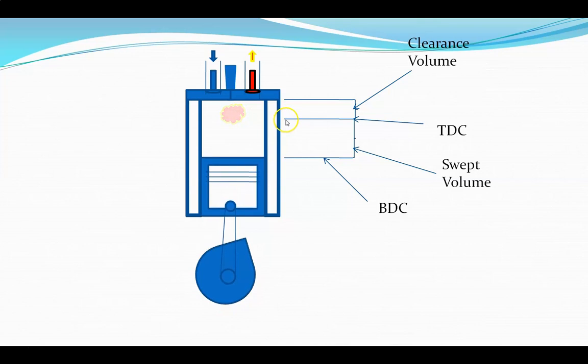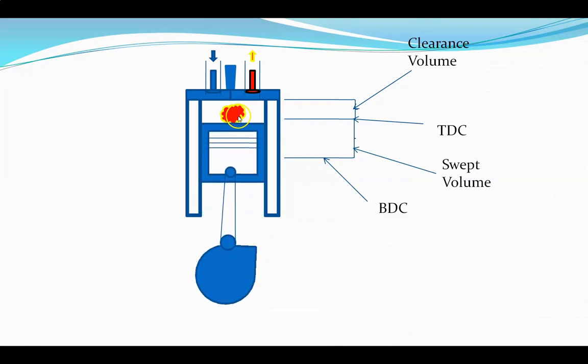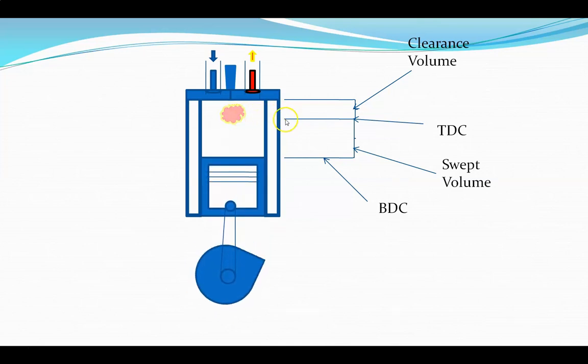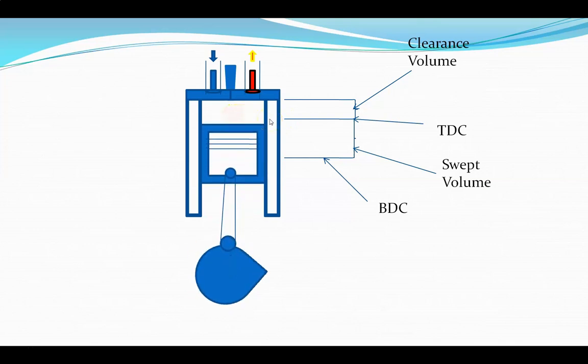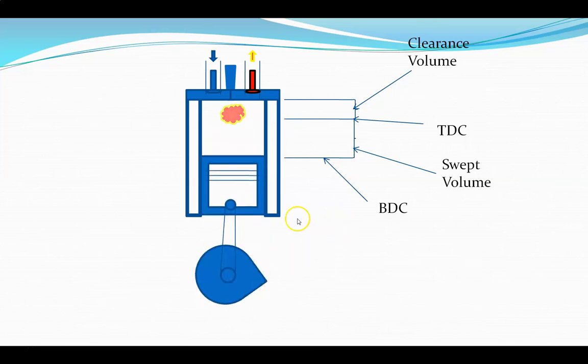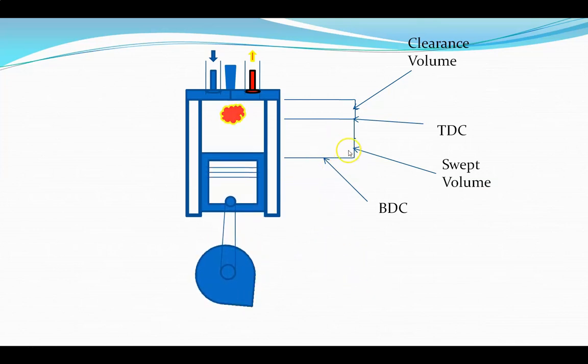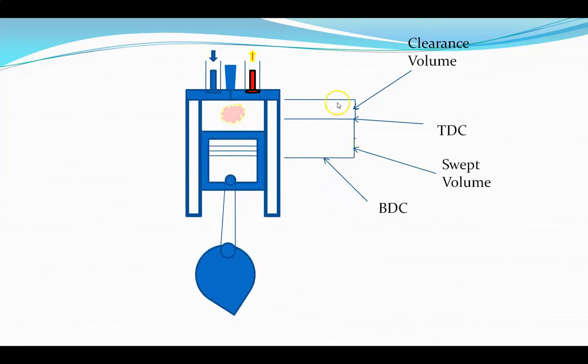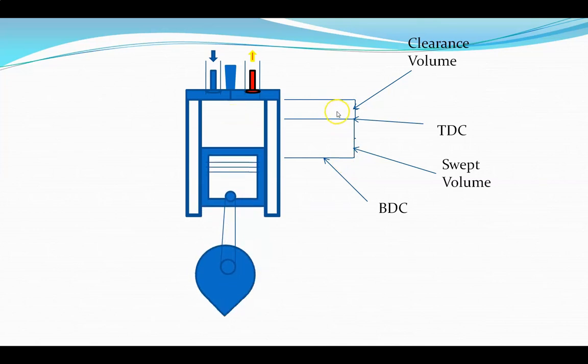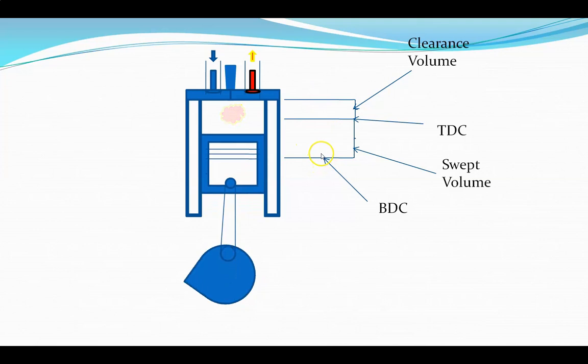And this is where the gas is being compressed. So the compression ratio is the total volume, swept volume plus clearance volume, over the clearance volume. That is what we use to determine the compression ratio of an engine.